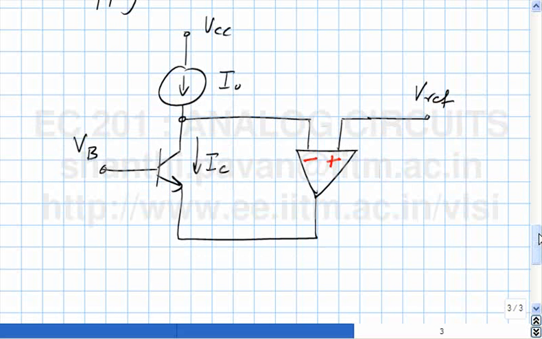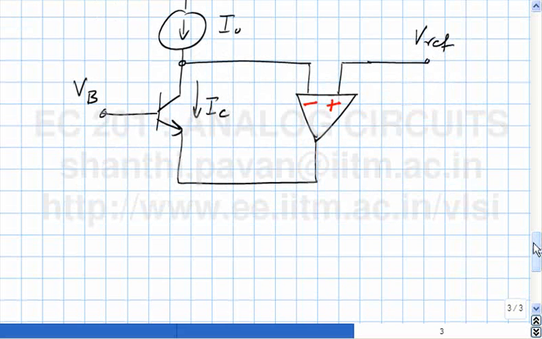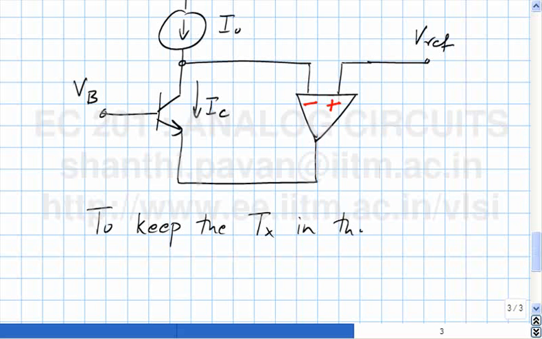How should I choose Vref in relation to VB? I want to keep the transistor in the active region.